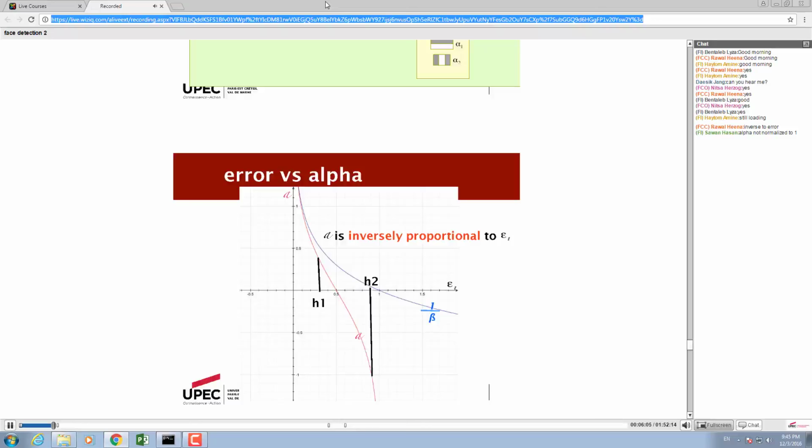So then alpha can be negative or positive, infinite and negative infinite, crossing 0.5. Sometimes it can be negative, sometimes positive, even a very big value or a very small value.